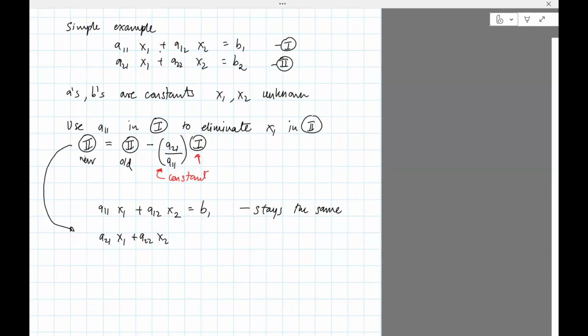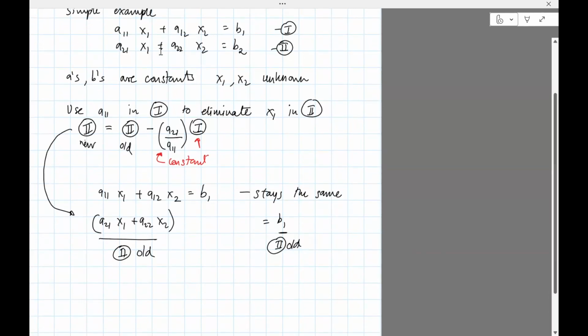I'm going to write it in such a way that there's some space for me to write the subtracted part. Okay, so b1. So this is equation 2, old. No, it's b2, sorry, my bad. Equation 2, and all looks good.